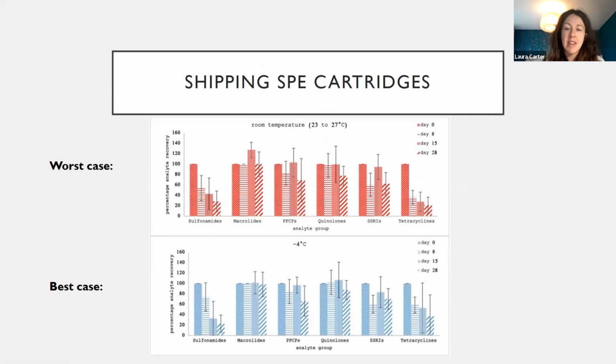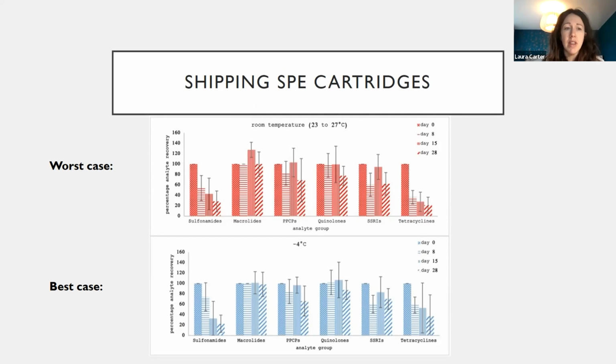And as I mentioned, in this paper they talked about validation steps and investigated the stability of antimicrobials in SPE cartridges. They tested them under 2 different storage conditions that would typically be found if you were shipping these samples: -4 degrees and room temperature, which was defined as around 23 to 27 degrees.